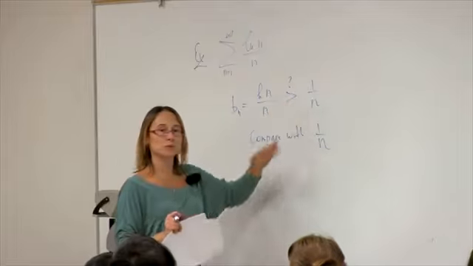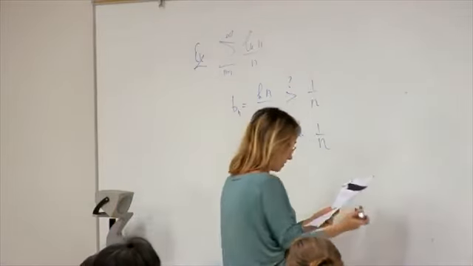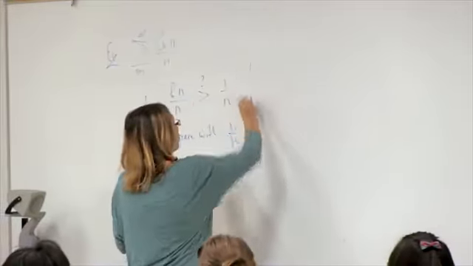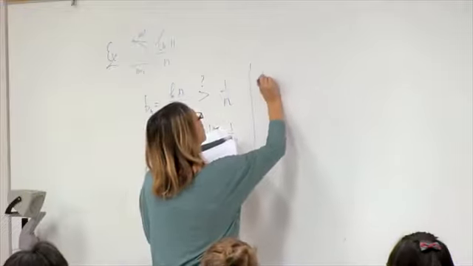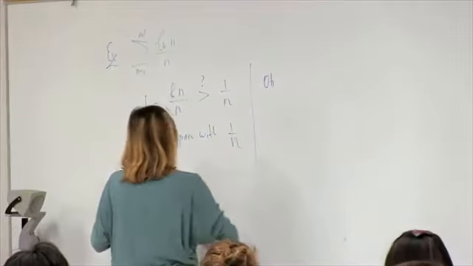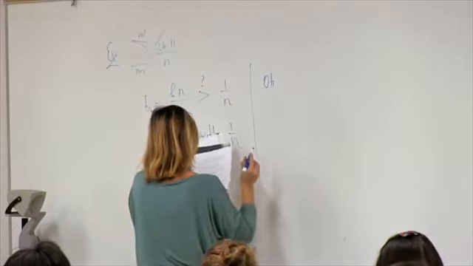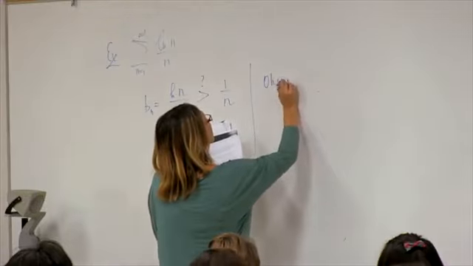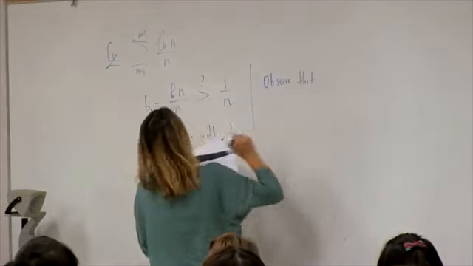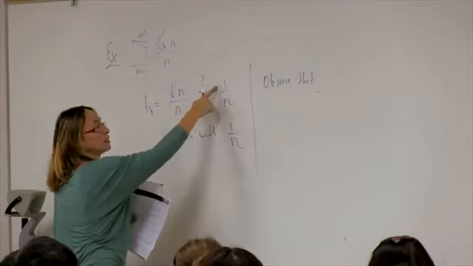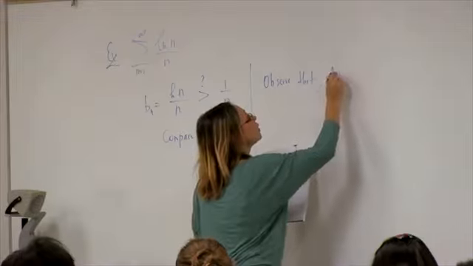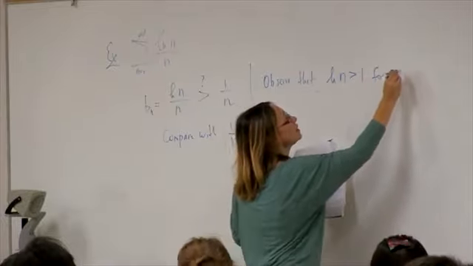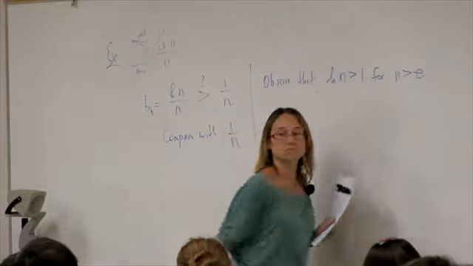But for other values, it may hold. So we observe that we have to have log of n greater than 1, right? Log n is greater than 1 for n greater than e.